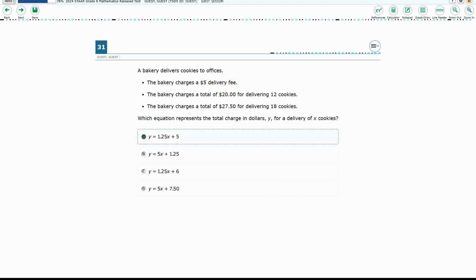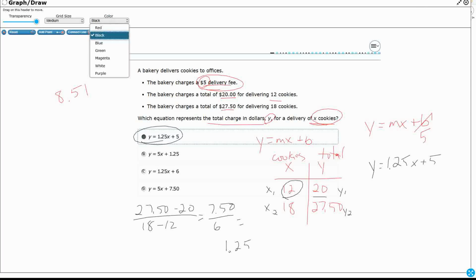Now, how did we do on this one? Not too horrible. We had 54%. So over half got A, not quite 60%, but decent. We had 21% choose B. You see what we did here. We ended up getting the correct numbers, the 5 and the 1.25. We just ended up switching them.